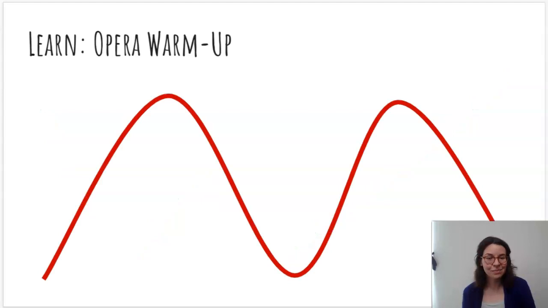Our last one. This one looks like a red letter M. We're going to start low on the page, low with our voice, and low with our hand. Everything is low all at the same time. Then we're going to go high with everything, and then low with everything, and then high, and then low. Let's get started.